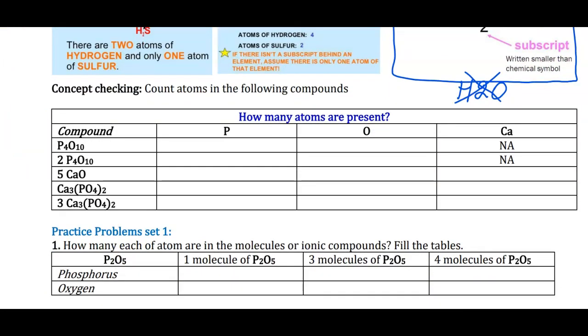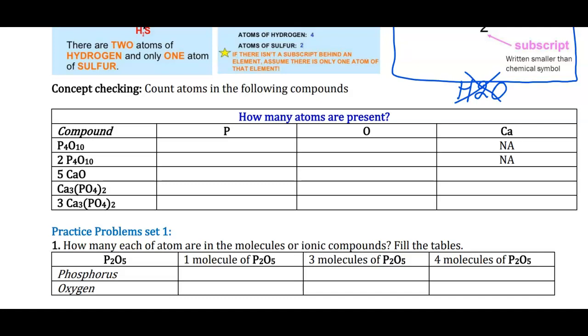So let's do some concept checking. We need to count atoms in the following compounds. So, compound P4O10, and I'm going to name them to help you remember how to name compounds, right? P4O10 is a covalent compound because both of its elements are non-metals.